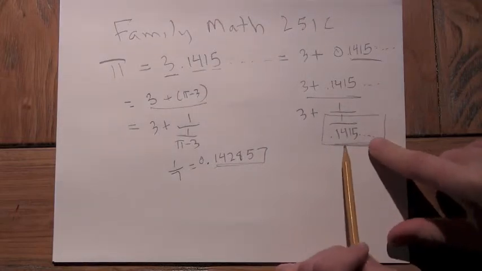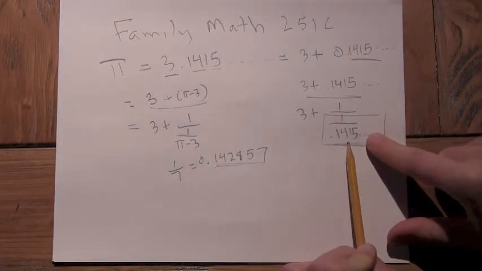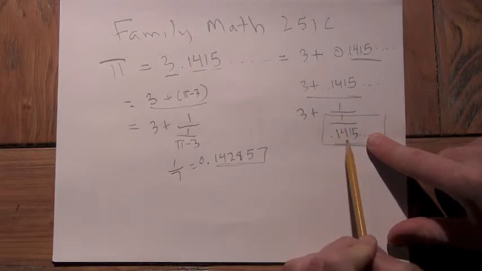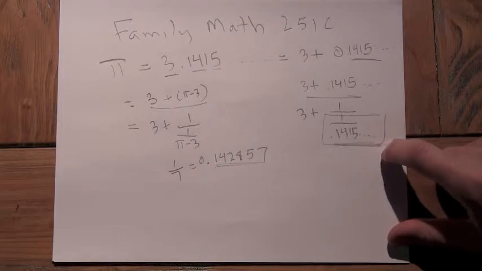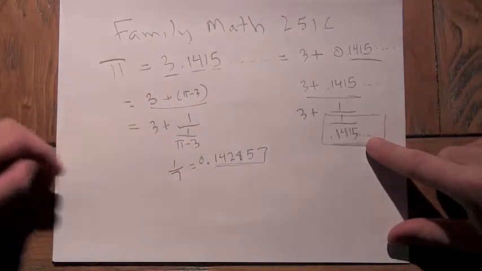And the question is, is this number bigger than 7 or less than 7, when I flip 1 over 0.1415? I think it would be less than. Okay, how come? Well, the reciprocal is less than.